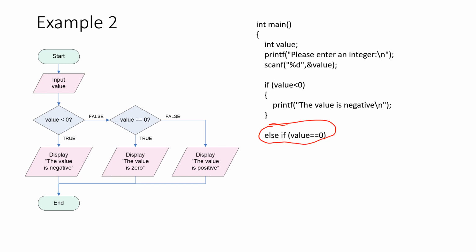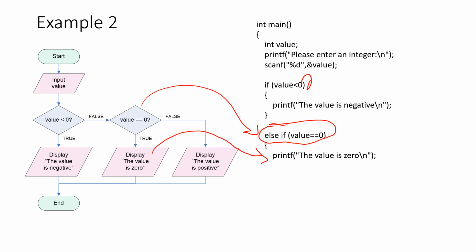It's just another if block, but we call it else if. So we check the second condition here, which is whether the value is 0. If it's true, we display the value is 0. So we put that statement inside the second block. This is the first if block, and this is the second if block, which we call else if.